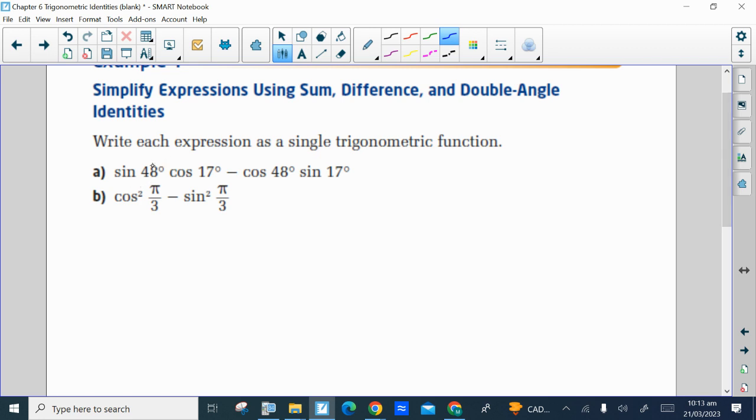Because the 48 degrees occurs in both terms and the 17 degrees occurs in both terms, if we say that 48 degrees is A and 17 degrees is B, you see this follows the pattern sine A cos B minus cos A sine B. That's the pattern that is followed there.